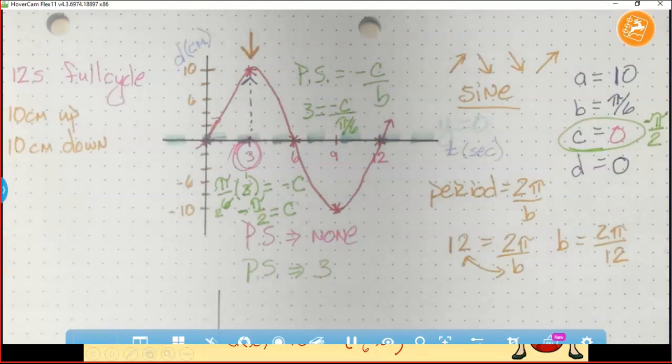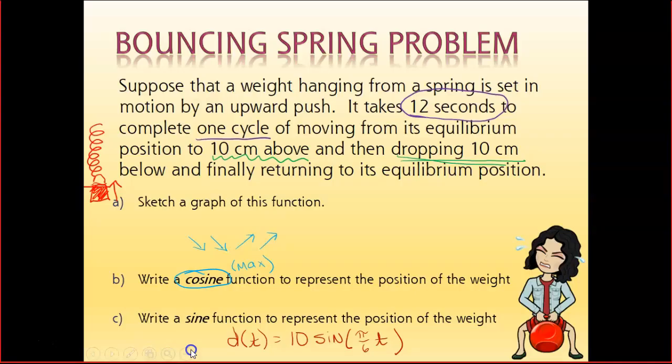So for cosine, everything else stays the same. I go back to my graph right here, and I say, hey, my cosine function, d of t equals, amplitude is the same. My function has changed. My period is the same.